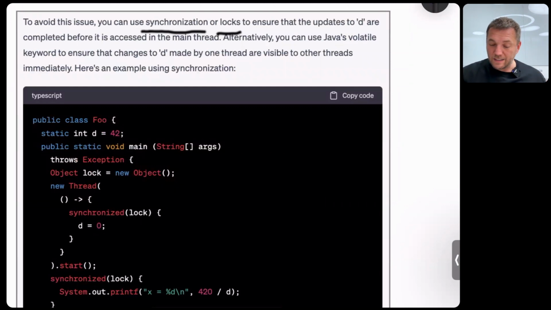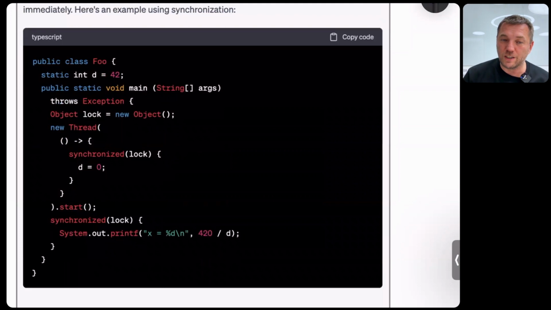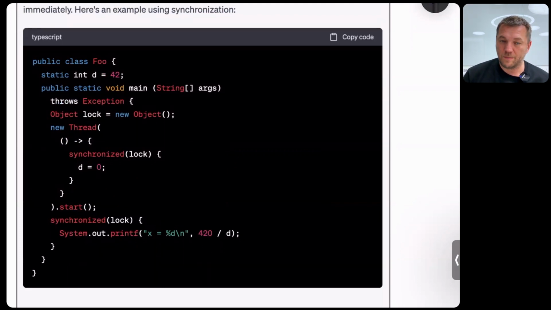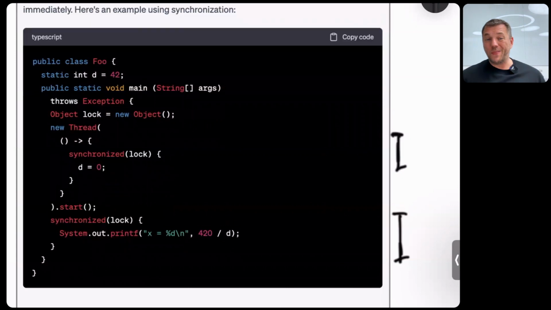This is the solution they suggest, which will absolutely help nothing, because they are just putting synchronization on this code and on that one. But this is not the problem. There's no need to synchronize anything, because synchronization will not help.